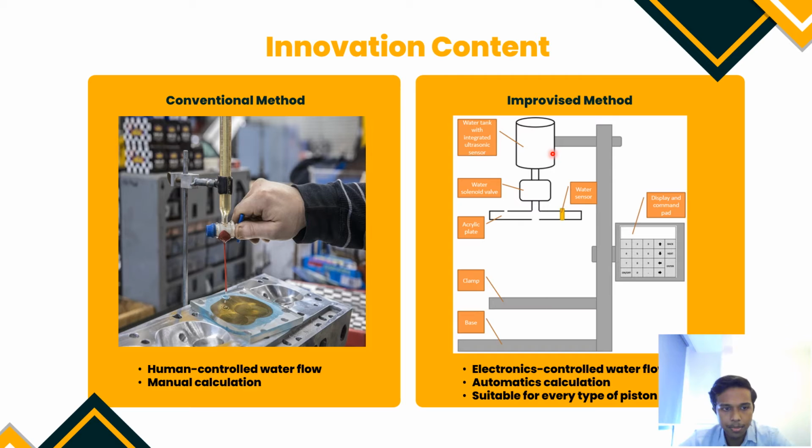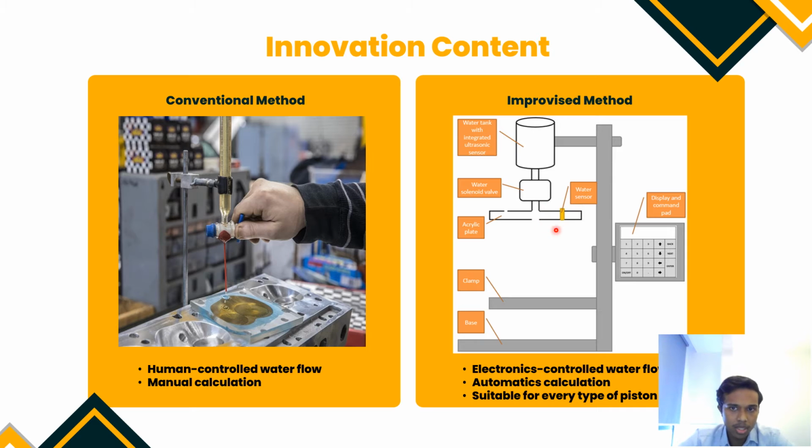While on our side, the improvised method is, firstly, a water tank with an integrated ultrasonic sensor, so the sensor is going to replace the burette reading here. The sensor is going to sense how much water is left in the tank when the operation is completed. The second one is the water solenoid valve, and the third component is the water sensor.